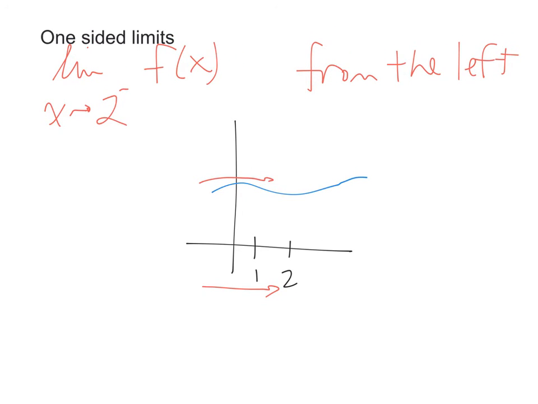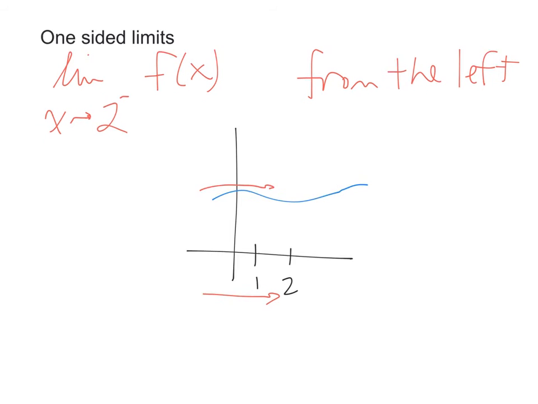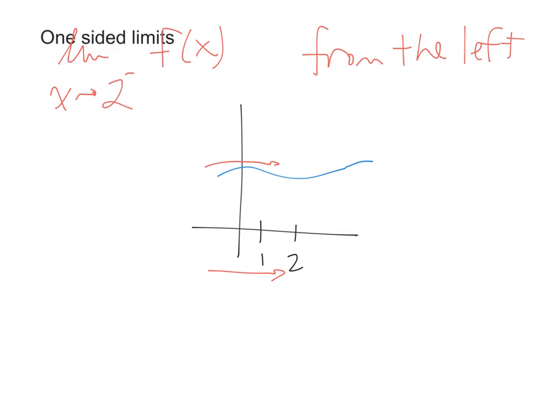You can probably guess that if I'm looking at a limit from the right, let's say x approaches 2 from the right, with a little plus sign up there, coming from the right of f of x.